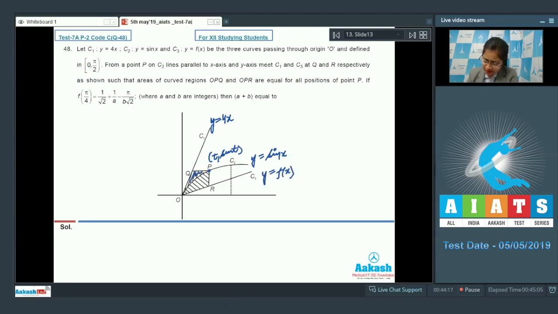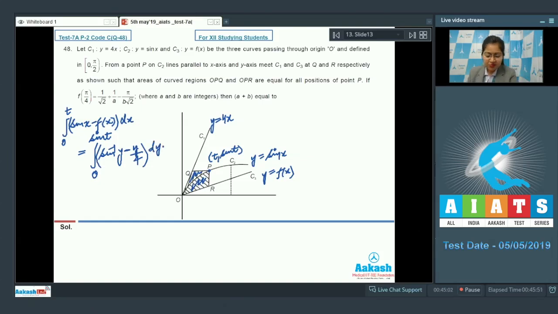Now these two areas are given to be equal, so we can say that integration from 0 to t of (sin x minus f(x)) into dx, that is the lower area, is equal to integral from 0 to sin t, y equal to sin x, that can be written as x equals sin inverse y, so (sin inverse y minus y by 4) into dy. These are the two areas.